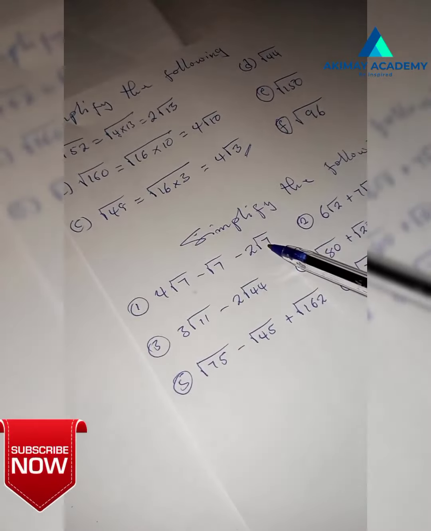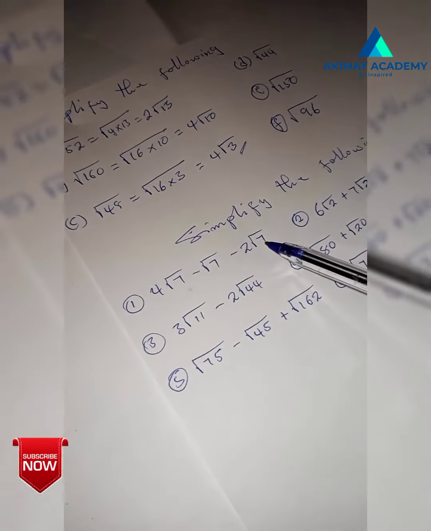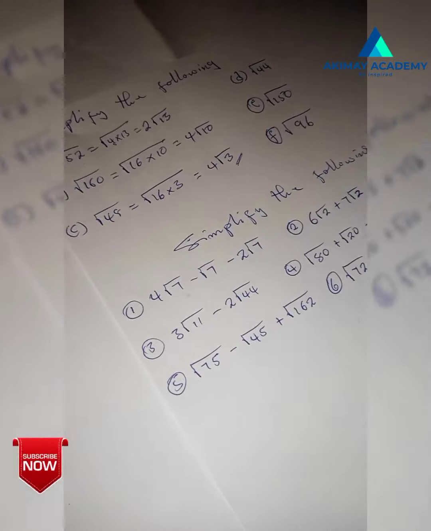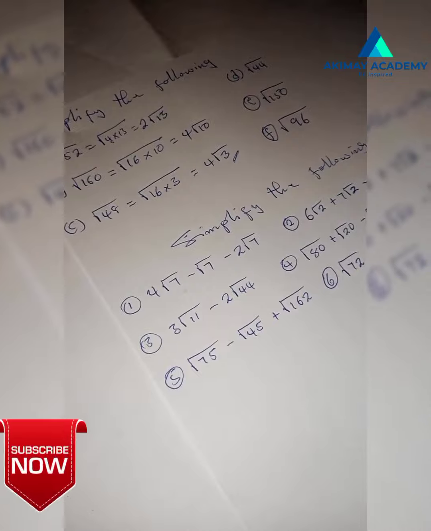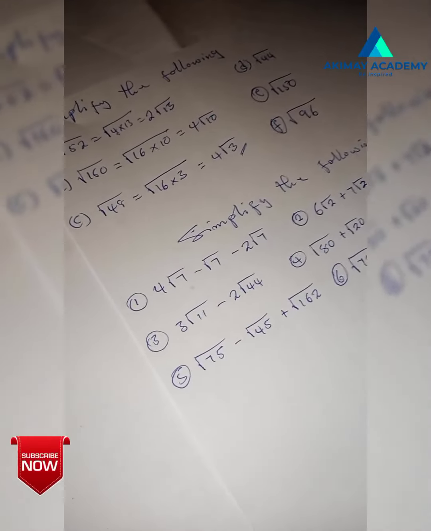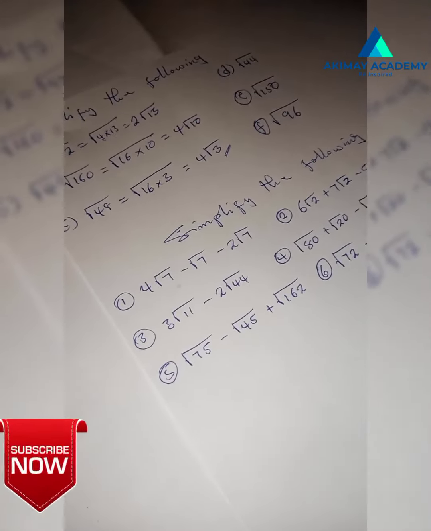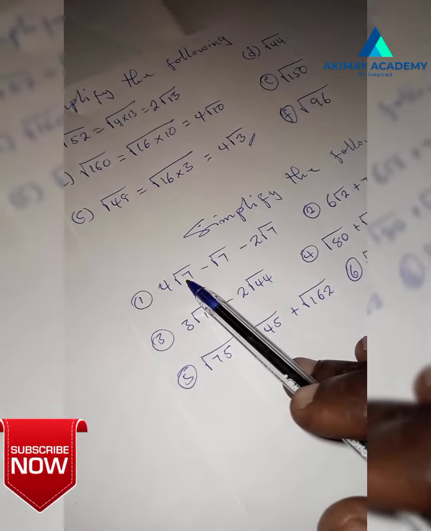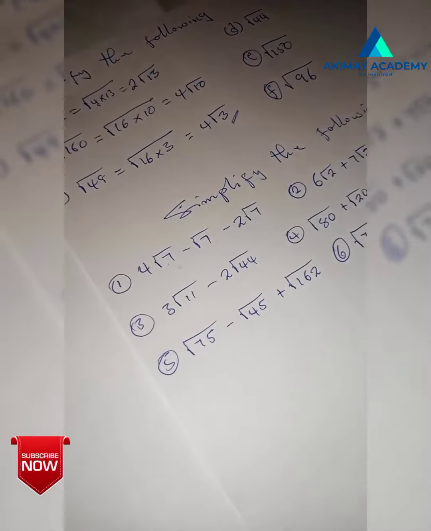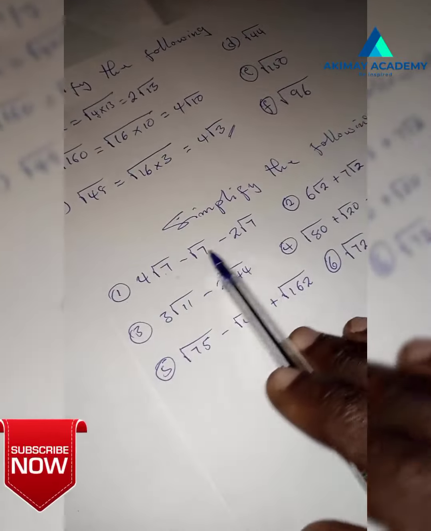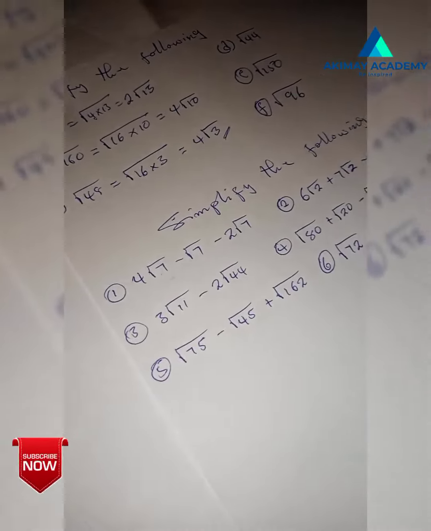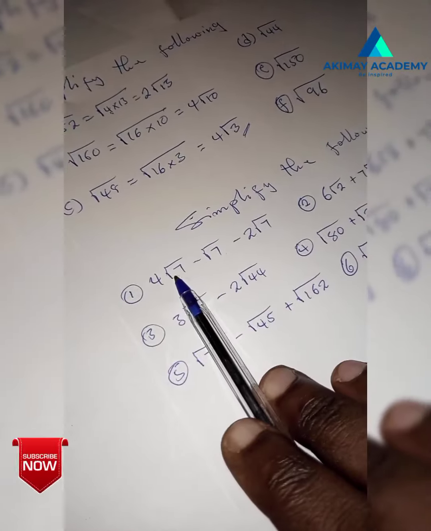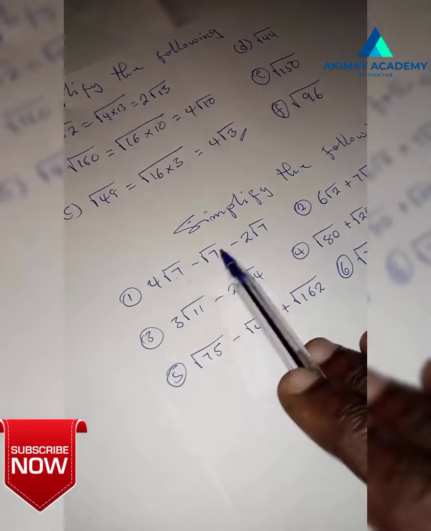Now you can see that here, the values over here, we have 7, 7, 7. We add or subtract surds of the same form. So here, as we have 7, 7, 7 in the square root, we can say that these surds are of the same form, because the numbers under the radical signs are the same.